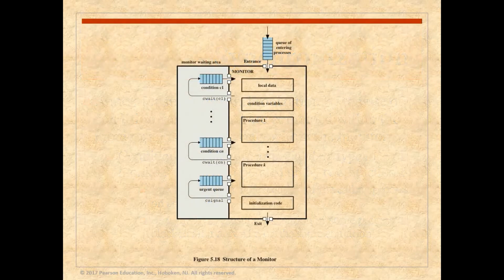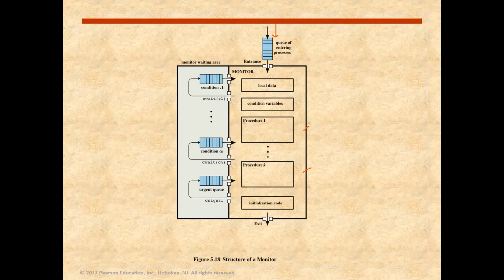So this is the structure of a monitor. We have all the procedures that are considered critical section and put them in one place known as the monitor procedures. A new process will come and queue here to use the monitor.